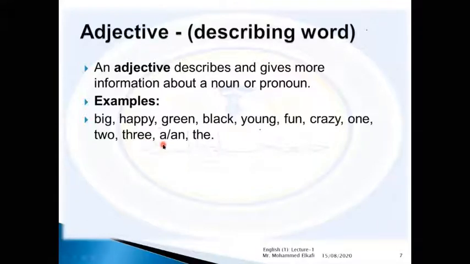Also the articles, the definite and indefinite. The indefinite articles are a or an, and the definite article is the. We think of them as a type of adjective. They are used with nouns.